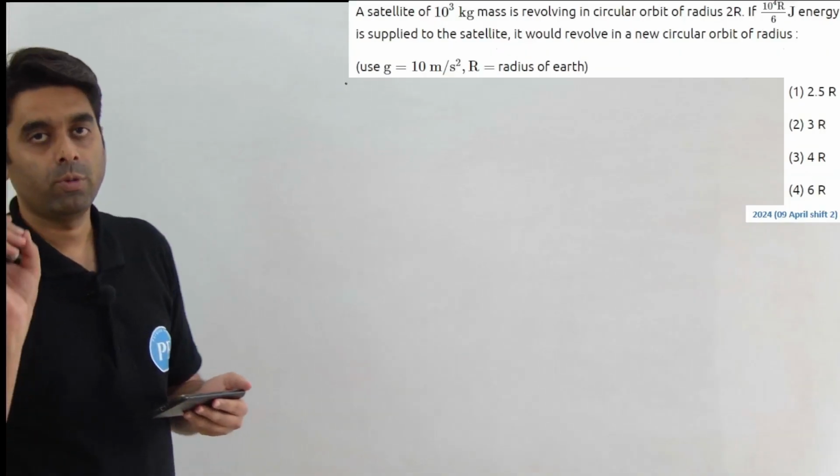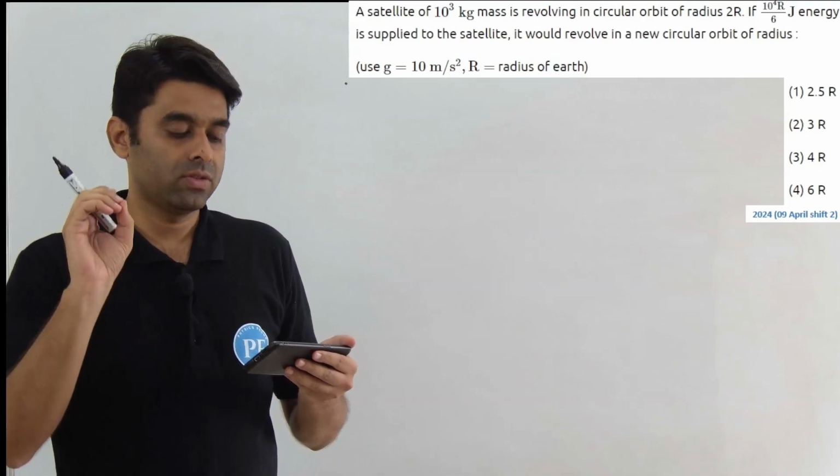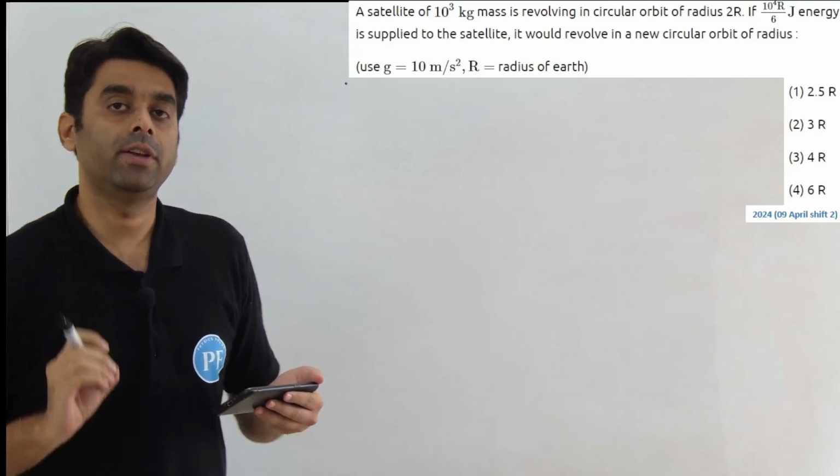So the question we have says, a satellite of 10 power 3 kg mass is revolving in a circular orbit of radius 2R.